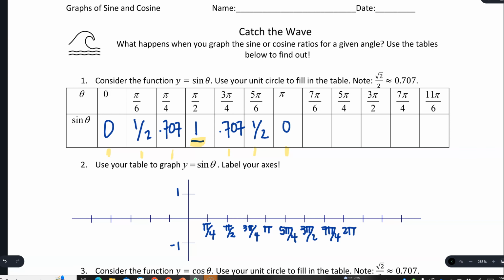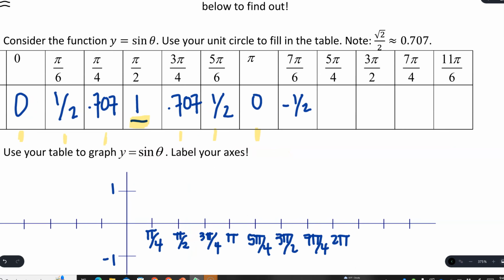Okay, so what about filling in the rest? What is sine of 7 pi over 6? This is basically the third quadrant here, so 7 pi over 6. So that's going to be a what? Negative 1/2, good deal. What about sine of 5 pi over 4? So all these values are going to be what?